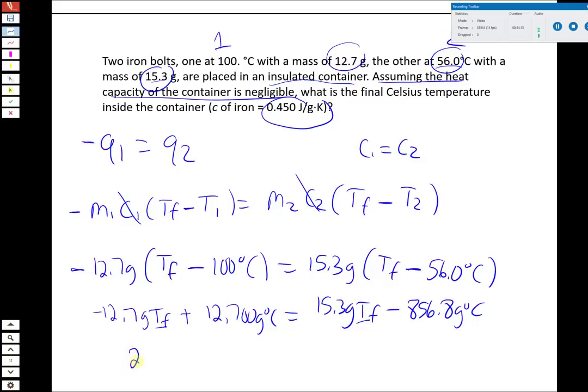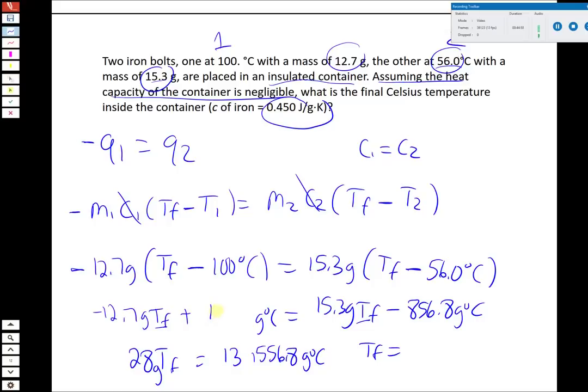So we get 28 TF on one side is equal to 13,556.8 degrees Celsius. And when we divide these, what we get is the final temperature is equal to, I messed up something. Gosh, hang on. Alright, I know what I messed up. I was trying to do math in my head, and that's a bad idea in my case.